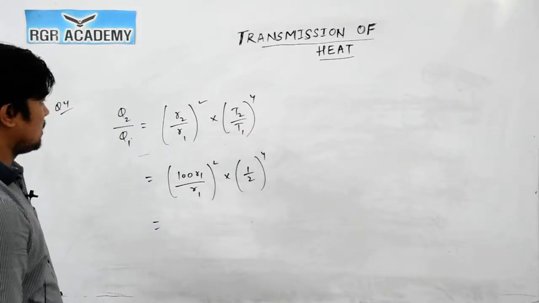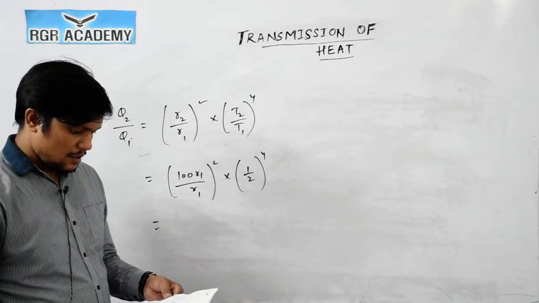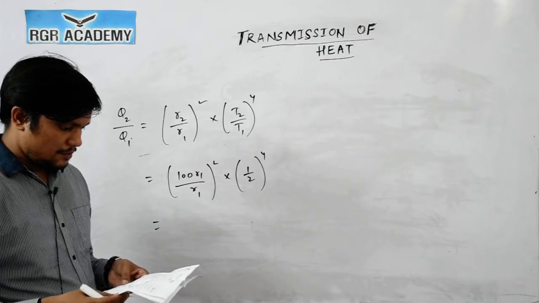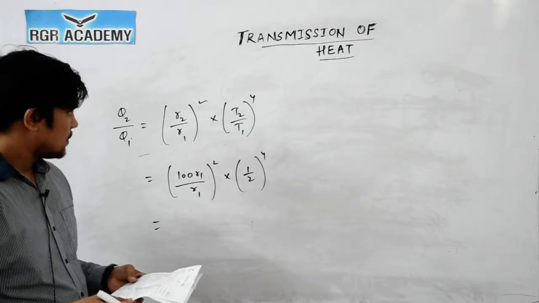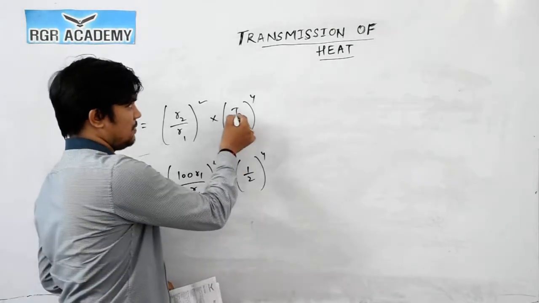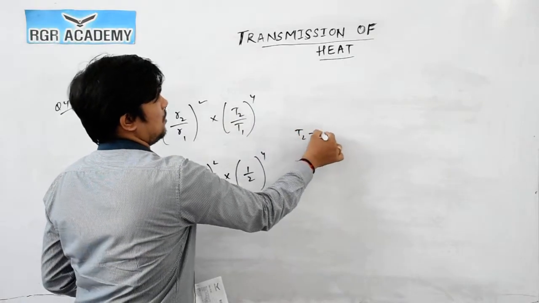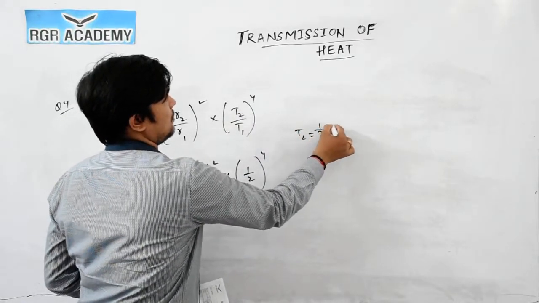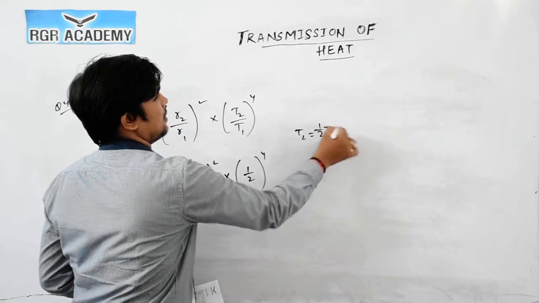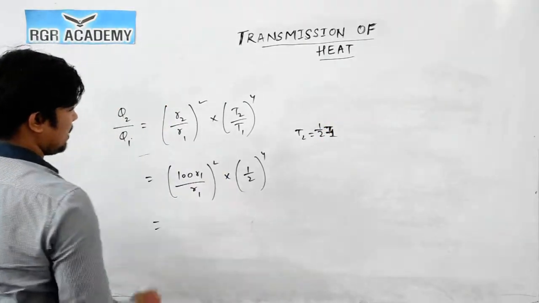After solving this, temperature becomes half, so T2 is equal to 1 by 2 of T1. So if you replace 1 by 2, you will get this, R will cancel out.